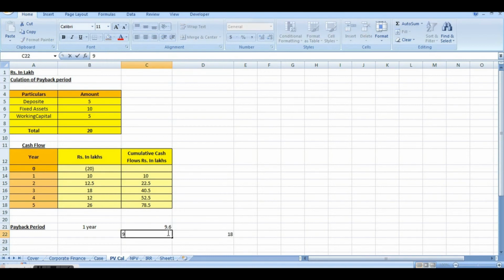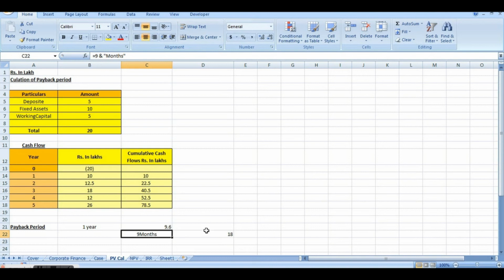Now we want to add words and figures at the same time. In those cases you can use this ampersand sign and then use inverted commas for the words or characters that you want to write. After the equal sign, see, it gives you 9 months.